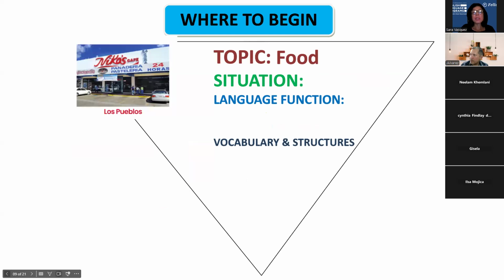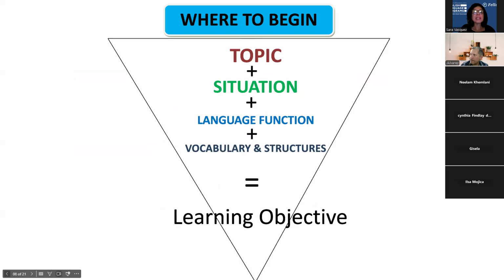Maybe with the visual, with the triangle. Yes, there we go. That would help if you chose a topic and you chose a situation or a language function. You can now develop your own learning objective using our SWOBAT formula. Students, by the end of this lesson, students will be able to do what?